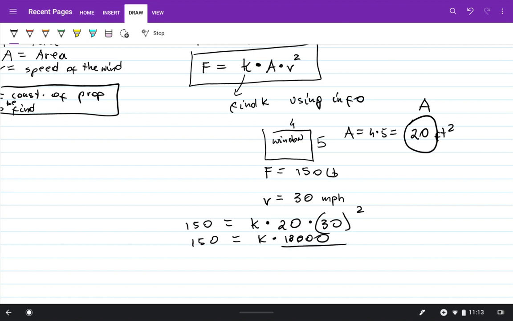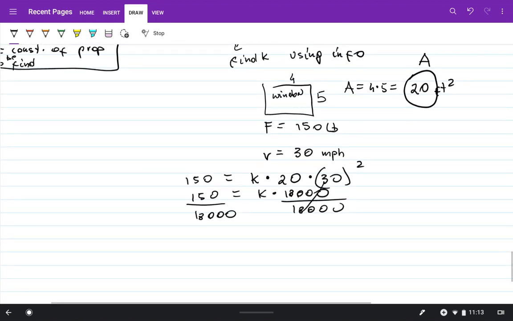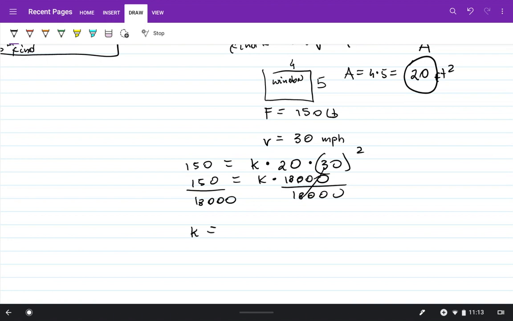And we're just going to divide each side by 18,000. And that will give us the constant of proportionality. Let's reduce that fraction, cross the zeros, then 15 and 1,800, you can reduce it, that will give you 120. Divide each by 15, so you're getting 1, and here you'll get 120. So the constant of proportionality is 1 over 120.